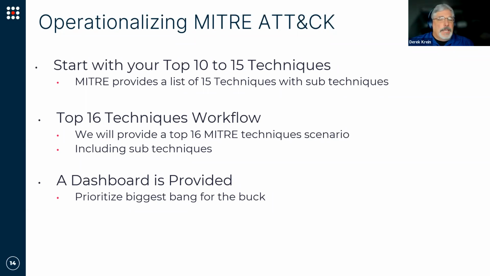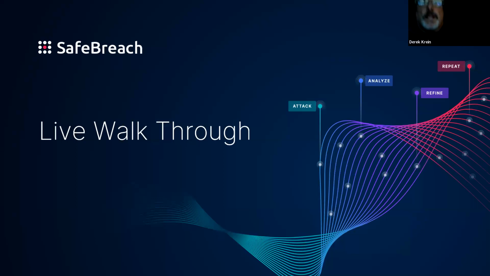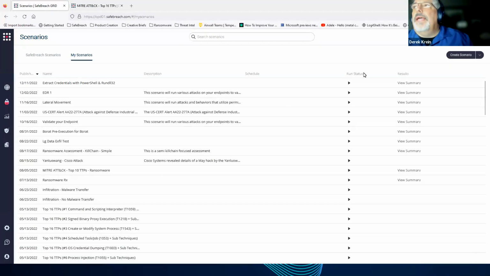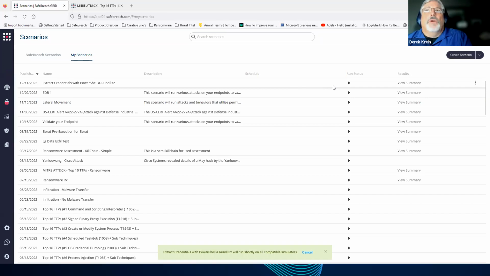The idea here is to prioritize the biggest bang for your buck. Try to get the most out of your efforts up front and then get into the details as you go. So we're going to jump into the platform here and run a PowerShell and run DLL 32 with both a system capability as well as a standard user so we can see what the differences are.